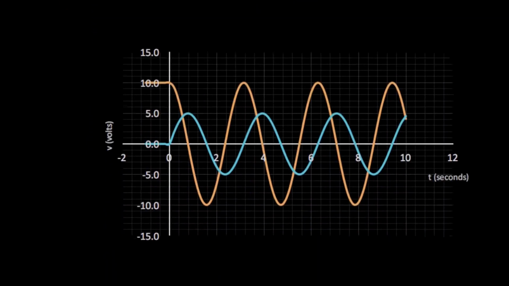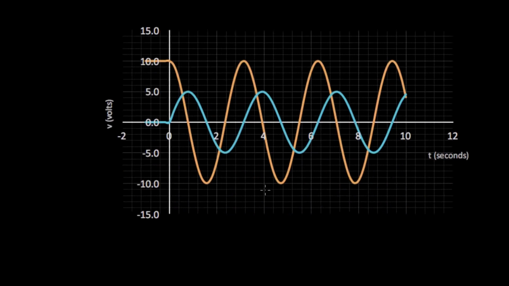Now let me show you what it looks like when we plot both I and V on the same graph, and we can see the timing relationship between them. So this is a plot of I of t in blue and V of t in orange.